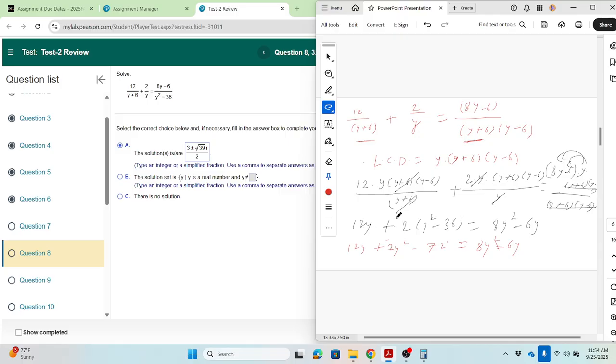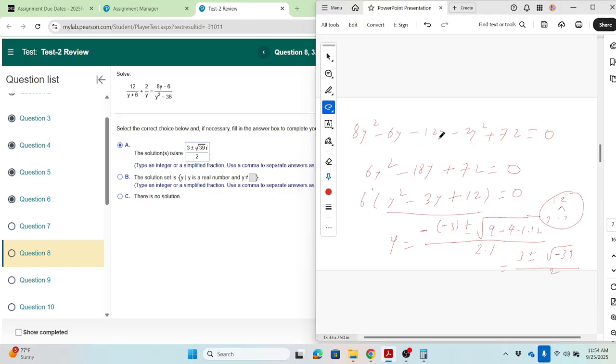So that's 12y plus 2y square minus 72. And on the right side, it's 8y minus 6 times y, which is 8y square minus 6y. So 8y square minus 2y is 6y square, and then negative 18y plus 72. That's good. That is also good.